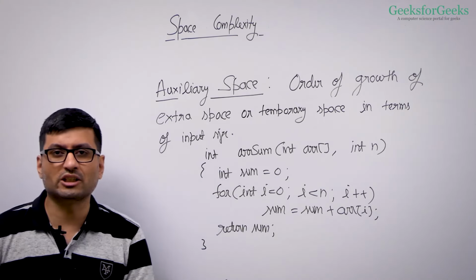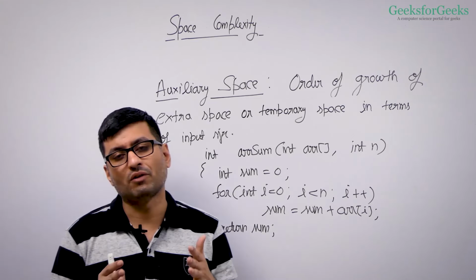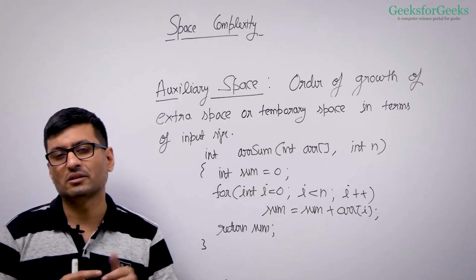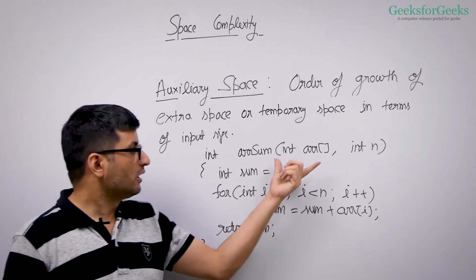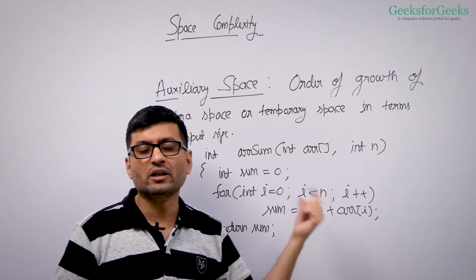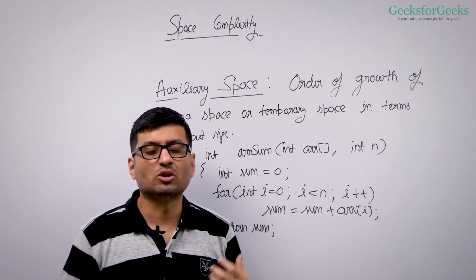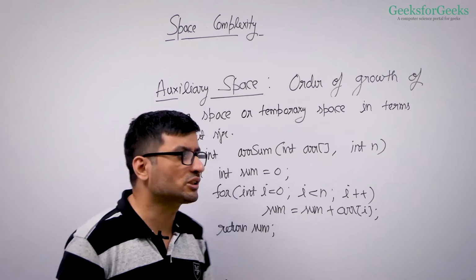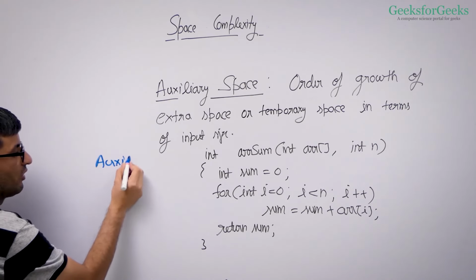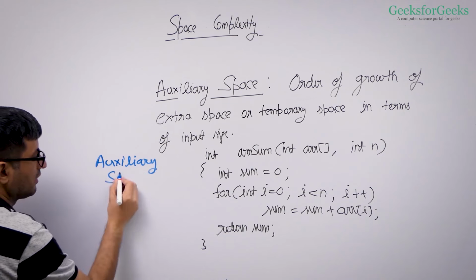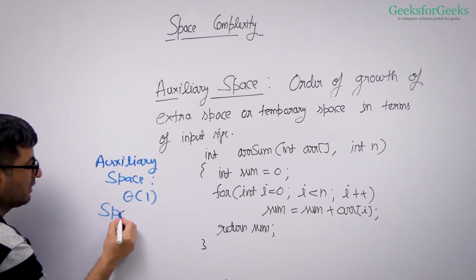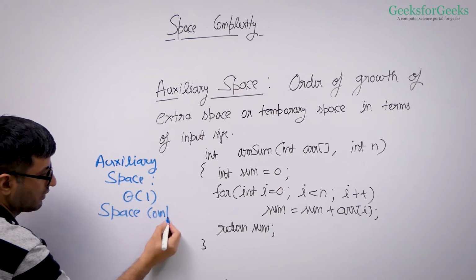But if you talk about extra space, space created for memory other than input and output, how much extra space does this program need? It needs linear space only for input. It does not use any extra array to do any computations. So auxiliary space for this program is theta 1, but space complexity of this program is theta n. Auxiliary space theta 1, space complexity theta n.